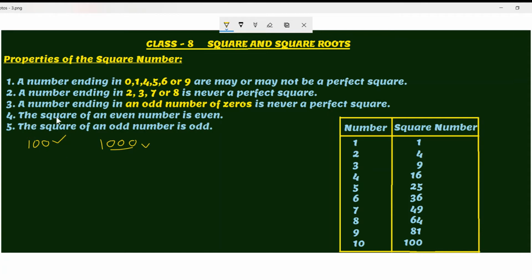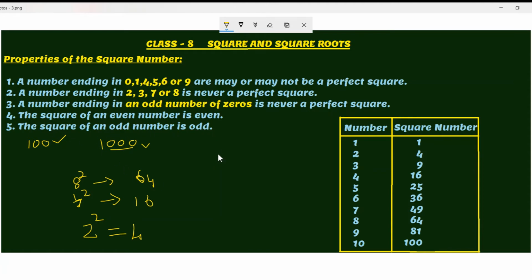Next, the square of an even number is even. That means if the number is even, then the square is also even. We know 8 square is 64, 4 square is 16, 2 square is 4. So the square of an even number is always even and the square of an odd number is always odd.